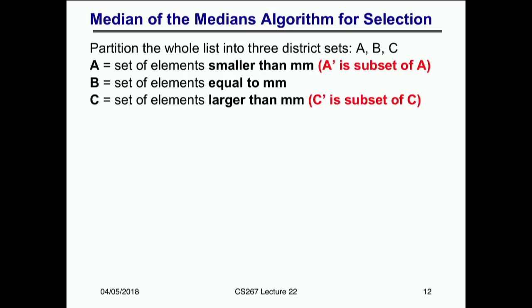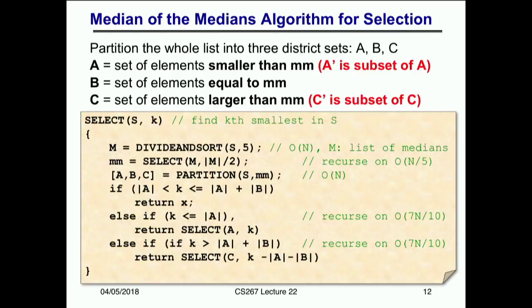But I can prove the size of A prime is at least lower bounded, and I can prove the size of C, which means the elements smaller than MM number at least 3n over 10, and the elements larger than MM number at least 3n over 10.